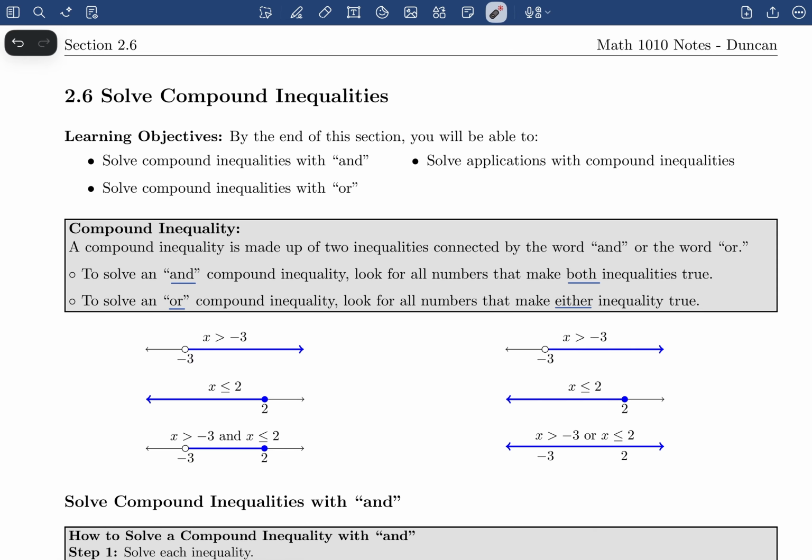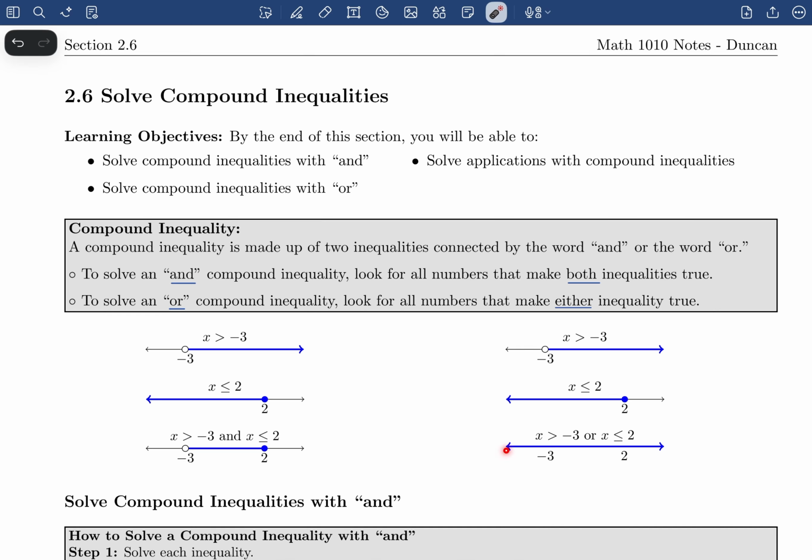All right. Now, if instead we have the word or between these inequalities, then we shade all of the regions that are shaded on both of these number lines, right? So from -3 to infinity or 2 to -infinity, any blue stuff that's either here or here gets graphed on this compound inequality.